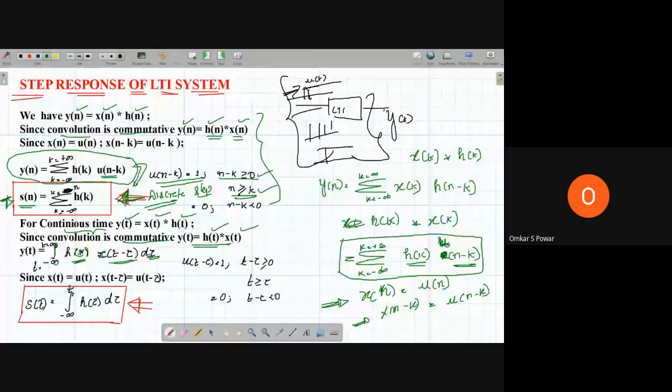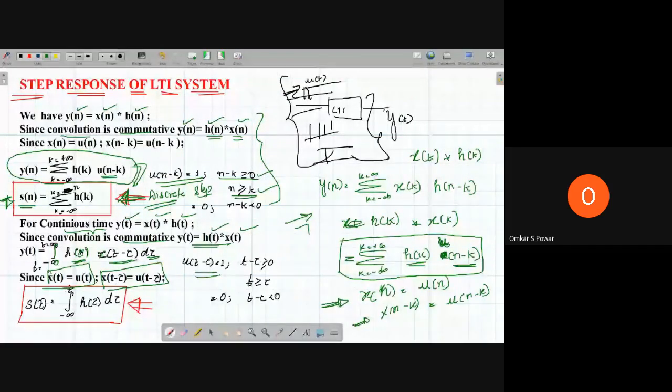Now same thing: because we want to find the step response, your input will be the step. So your x of t is equal to u of t, and then x of t minus tau will be equal to u of t minus tau. And u of t minus tau is equal to 1 for t minus tau greater than or equal to 0, or t greater than or equal to tau.